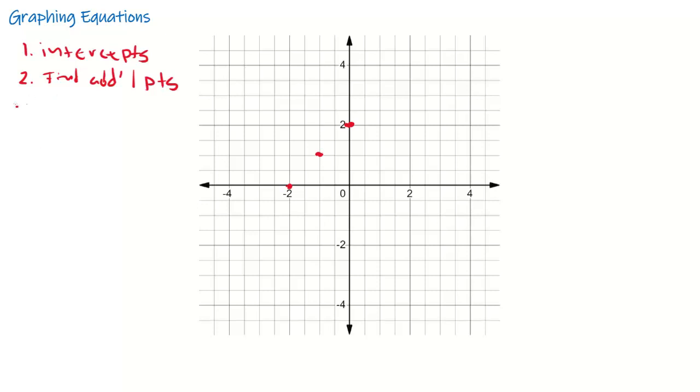The third step is that we can just plot those points, which is what I've been doing right here. Maybe we can plot another point, like right here and right here.